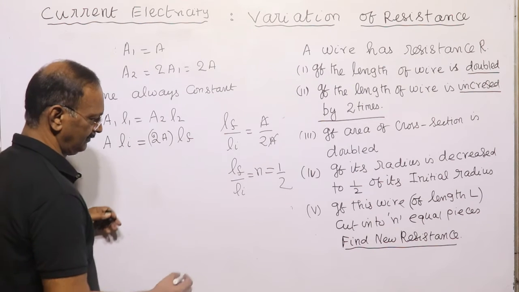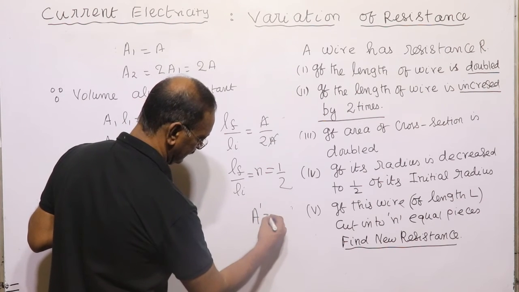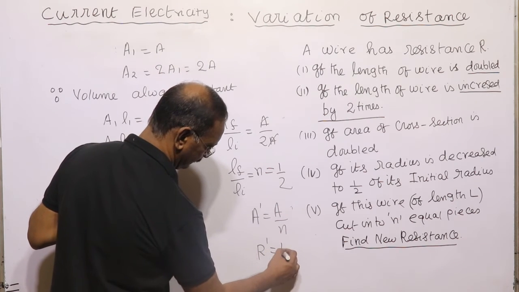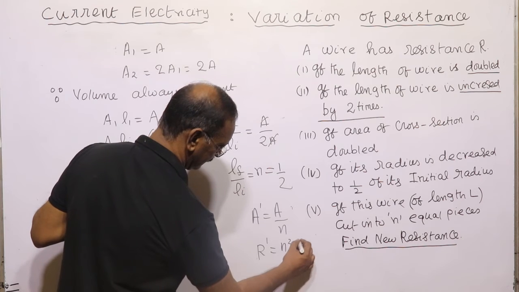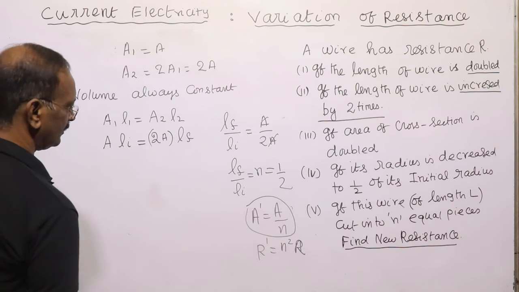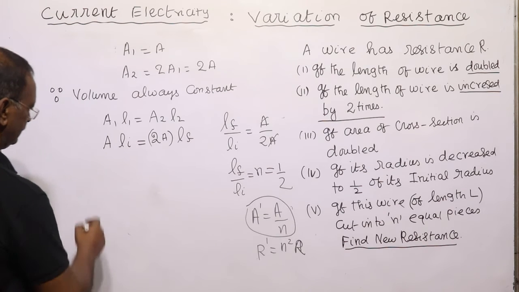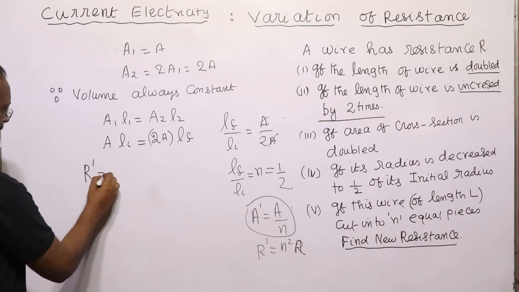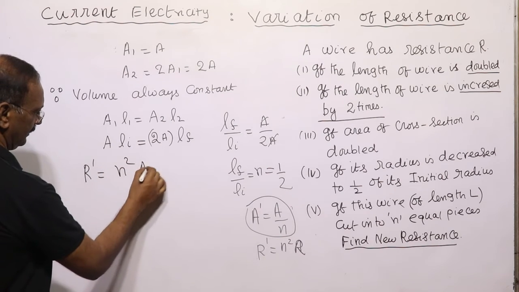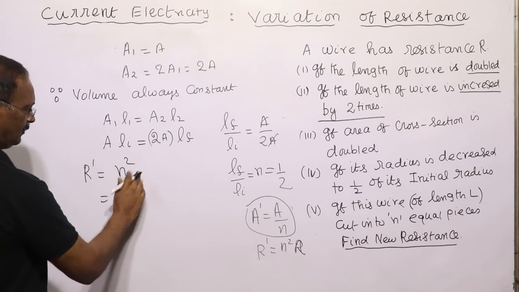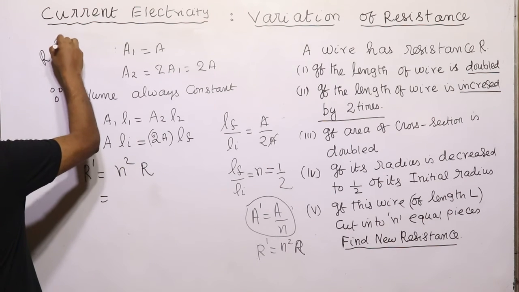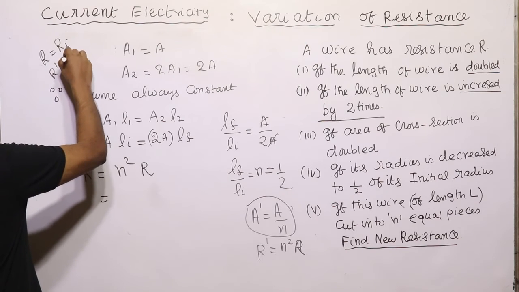As we have seen, A final is equal to A by N and R final is equal to N square into R. Now we will use this formula. After making the area double, R final is equal to N square into the original resistance, where R is R initial and R dash is R final.